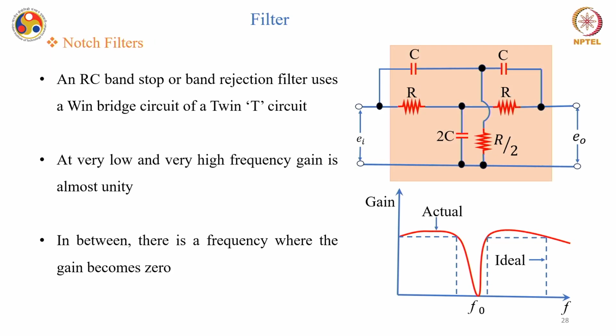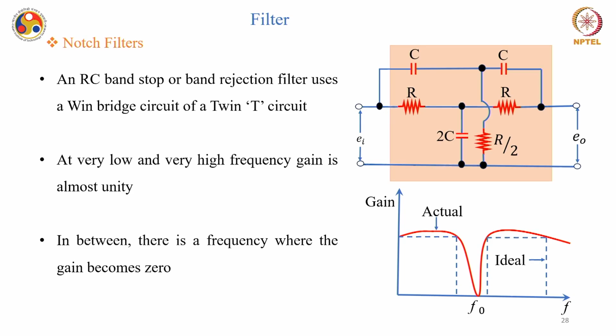Similarly, notch filters can be designed, and for designing a notch filter we usually take help of a twin-T circuit. The RC band stop or band reject filter uses a Wien bridge circuit or a twin-T circuit, as you can see over here.